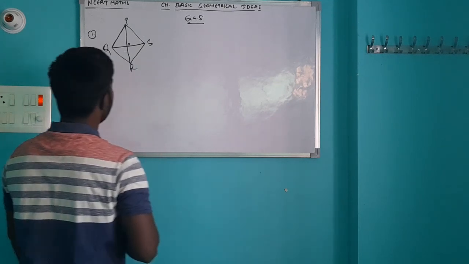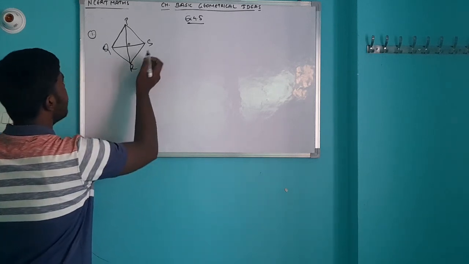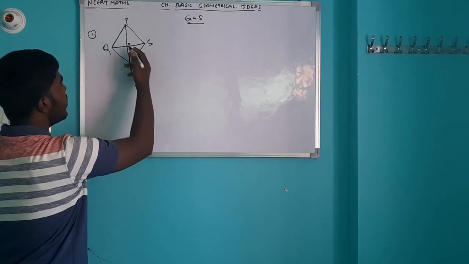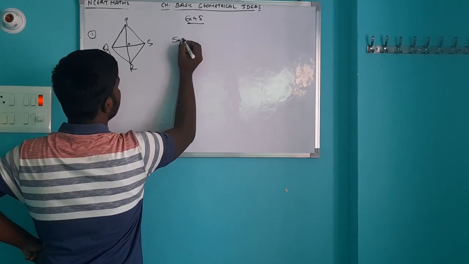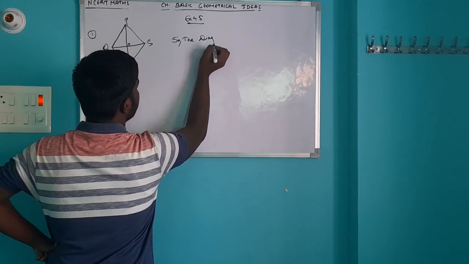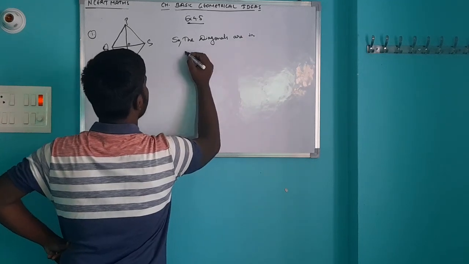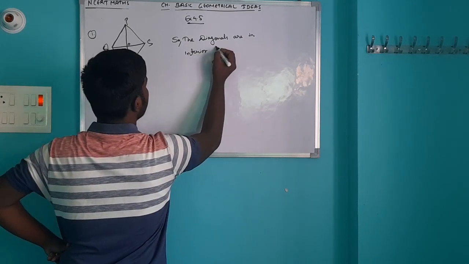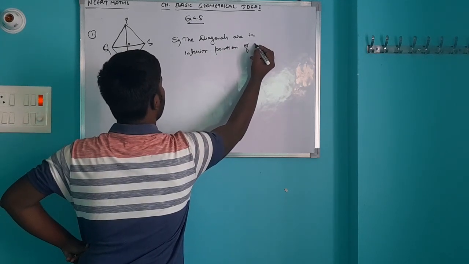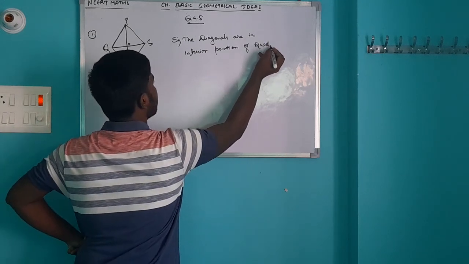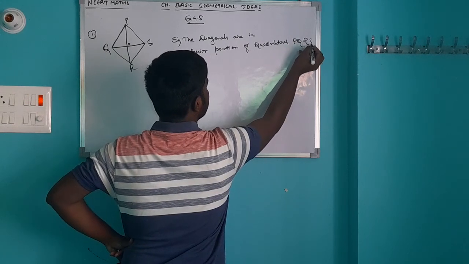So here we need to find whether the diagonals are in the interior or exterior of the quadrilateral. We simply see that both the diagonals are interior parts of quadrilateral PQRS. So the diagonals are in the interior portion of quadrilateral PQRS.